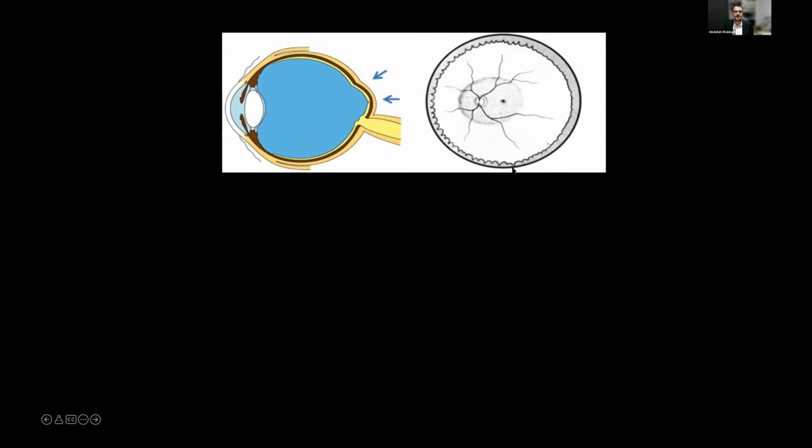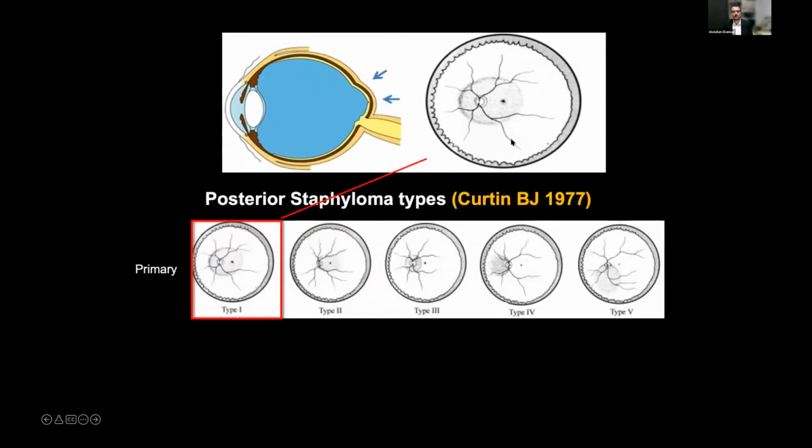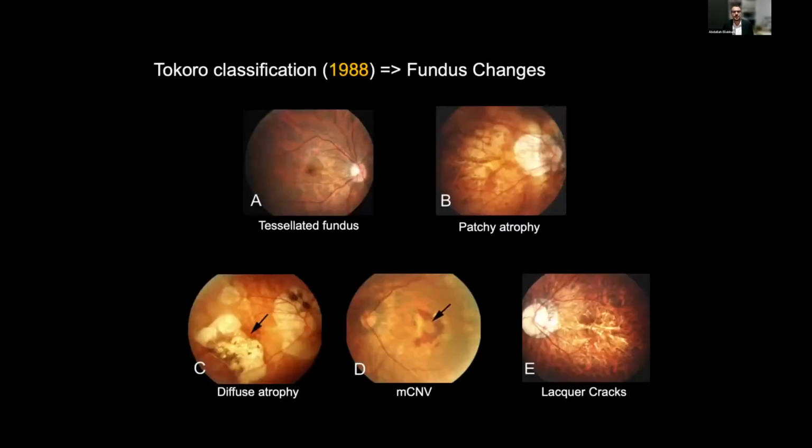The staphyloma, as you know, can appear in many shapes and there have been several trials to classify them, but the most popular is the Curtin classification, dividing them into primary staphyloma, the most commonly seen one, in the posterior pole, mainly involving the disc and the macula. And there are secondary types, which are a little more complex, a bit beyond our discussion today. But we'll focus on these myopic changes.